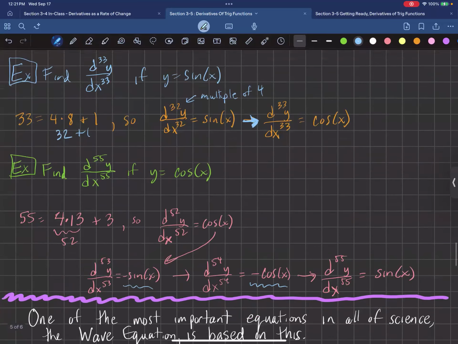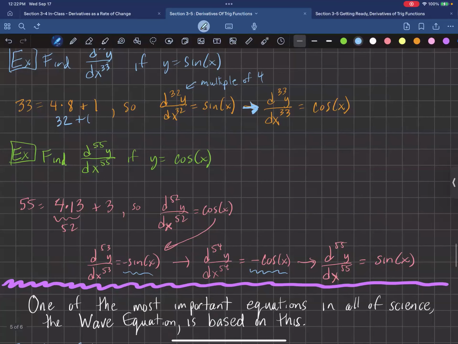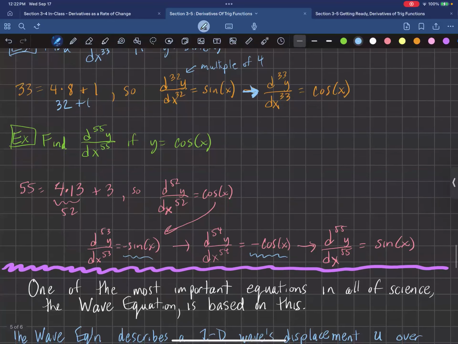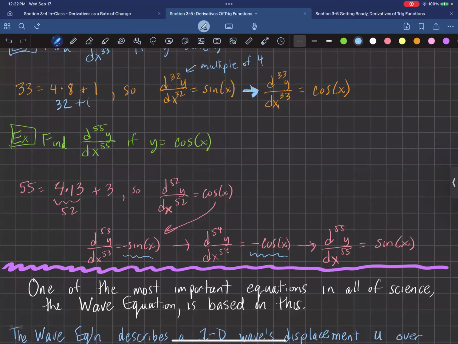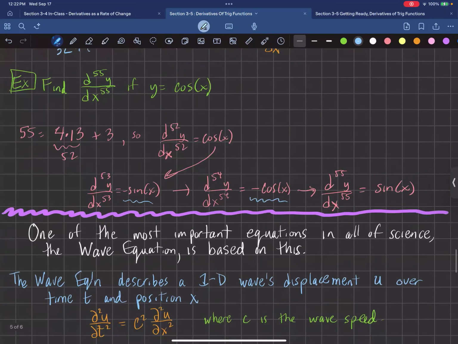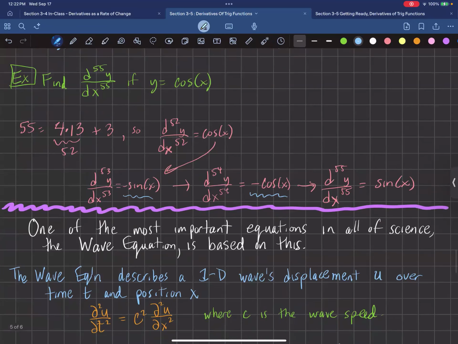Okay? And this is very important. It leads to one of the most important equations in all of science. It's called the wave equation. The wave equation is based on this. The wave equation describes a one-dimensional wave's displacement u over time t and position x.